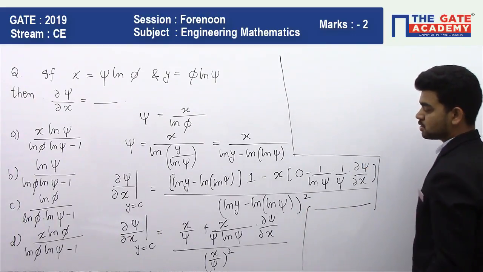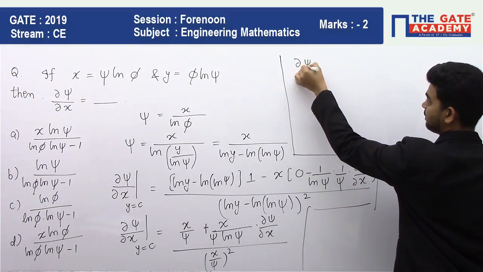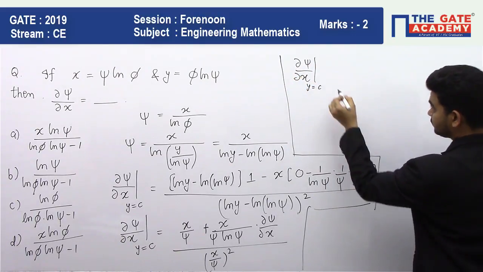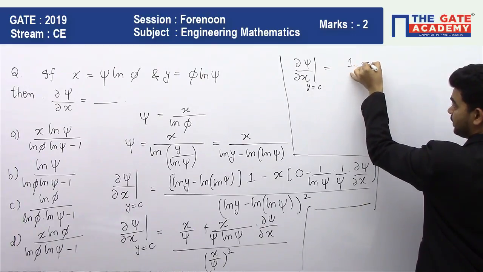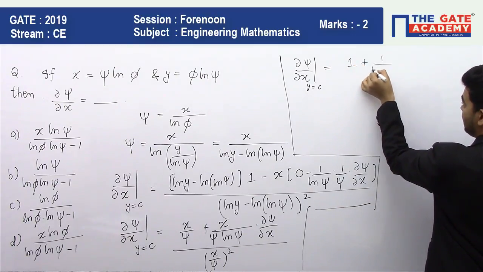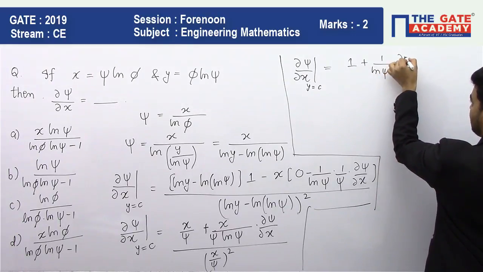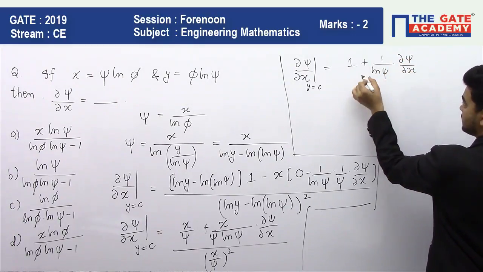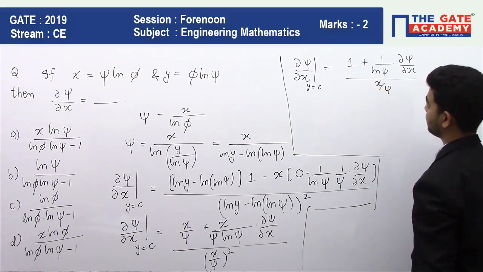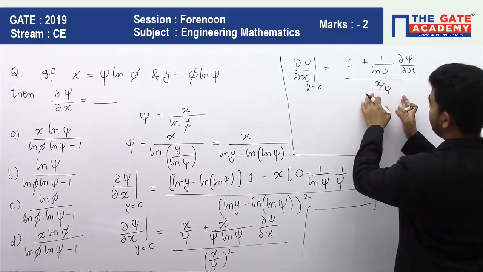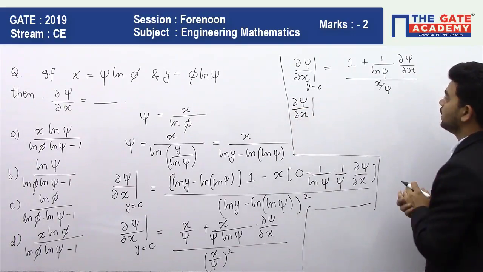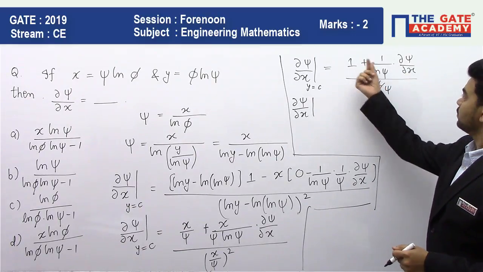So here del psi by del x, y being a constant, can be written as 1 plus 1 by ln psi del psi by del x divided by x by psi. We are very close to our options now. We have to just put the values here.